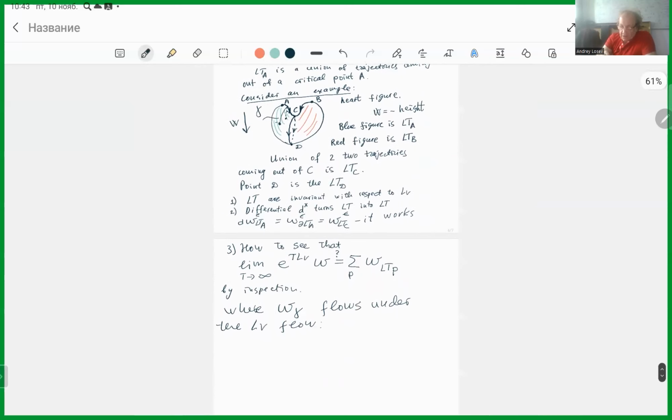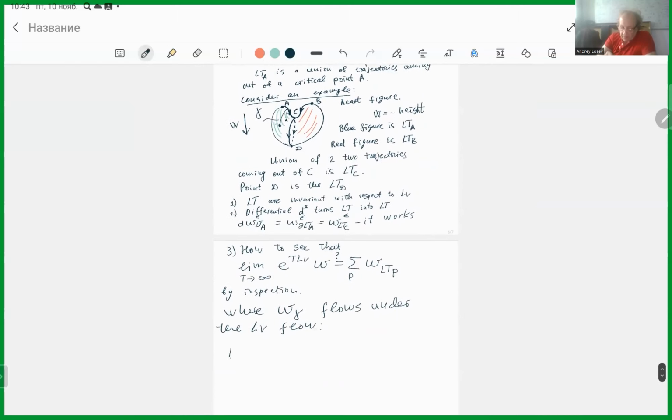I will use that e to the t LV omega of z is e to the t LVZ.